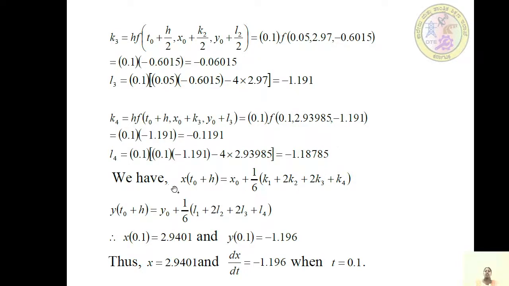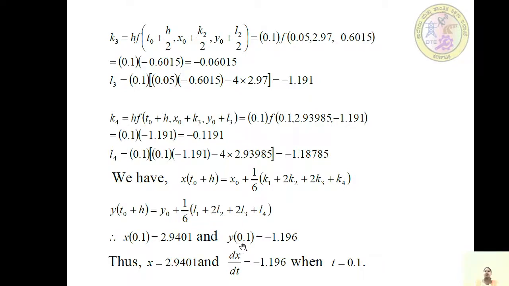So we add: x of t naught plus h equals x naught plus 1 by 6 (k1 plus 2k2 plus 2k3 plus k4). Substituting the values of x naught, k1, k2, k3, k4, we get the value of x of t naught plus h, which is nothing but 0.1, equals 2.9401. Similarly, we can find y of t naught plus h by substituting the values of y naught, L1, L2, L3, L4 in this formula.